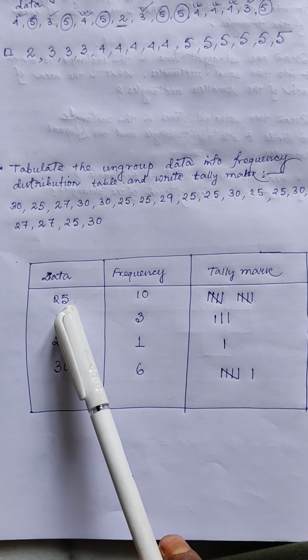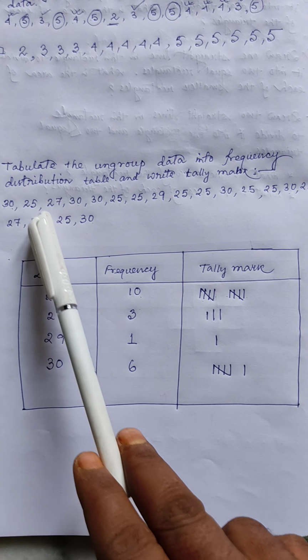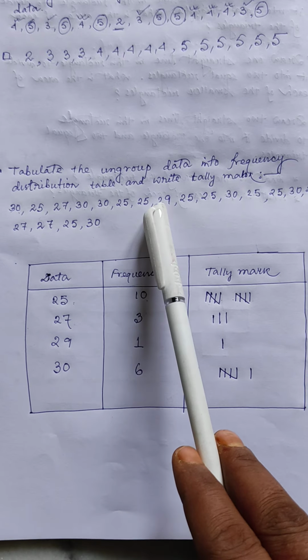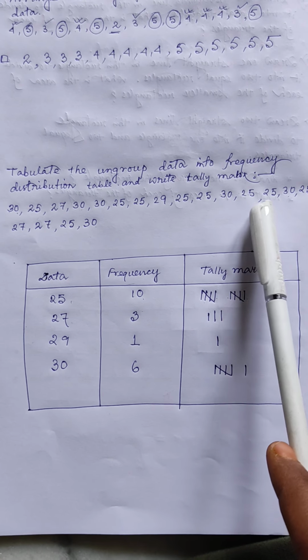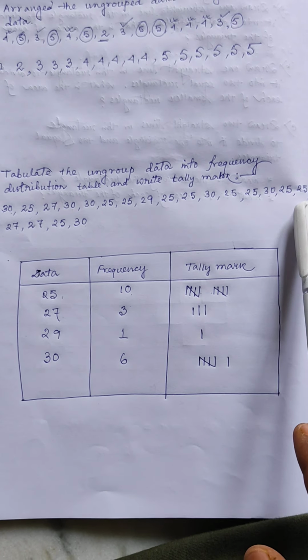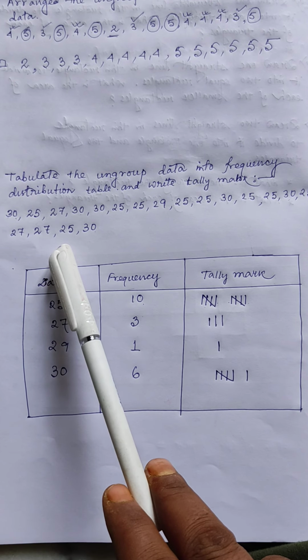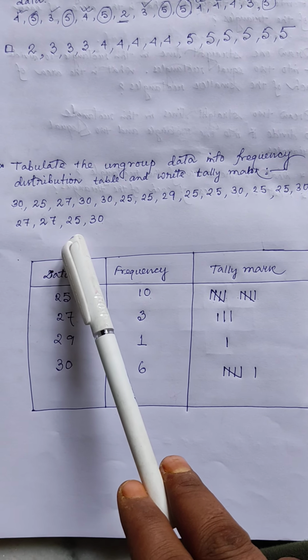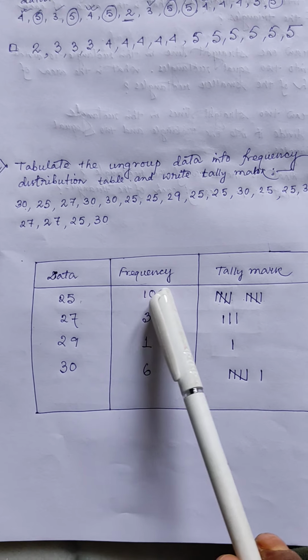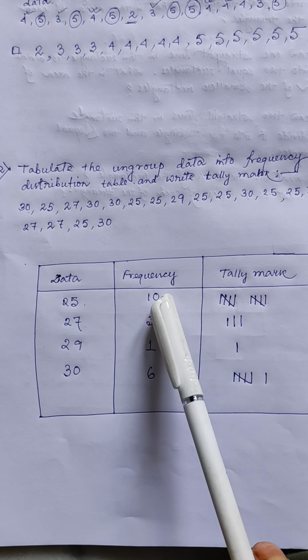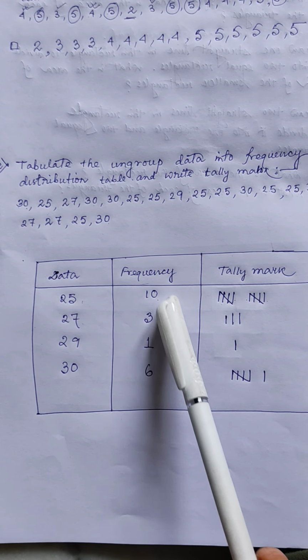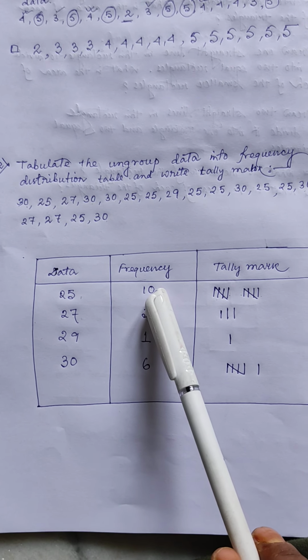Now 25, how many times is it there? You can see 1, 2, 3, 4, 5, 6, 7, 8, 9, 10. 25 repeats 10 times. So the number of repetitions of 25 is 10, so its frequency is 10. What is frequency?